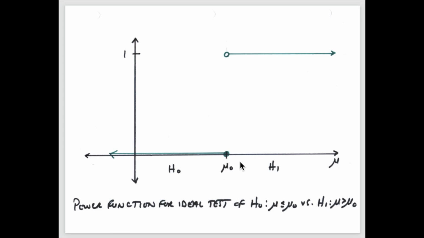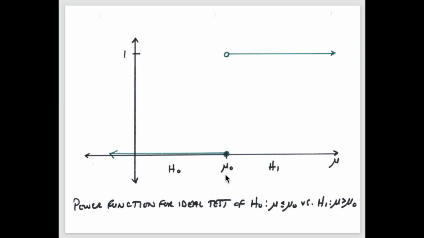Values of mu for which the alternative hypothesis is true are values of mu to the right of mu sub 0. And again, the ideal test would never reject a true null hypothesis, and it would always reject a false null hypothesis.